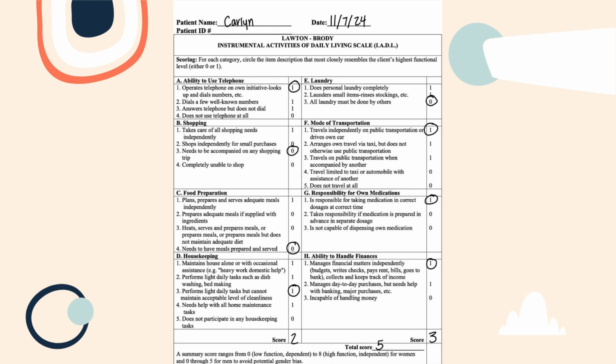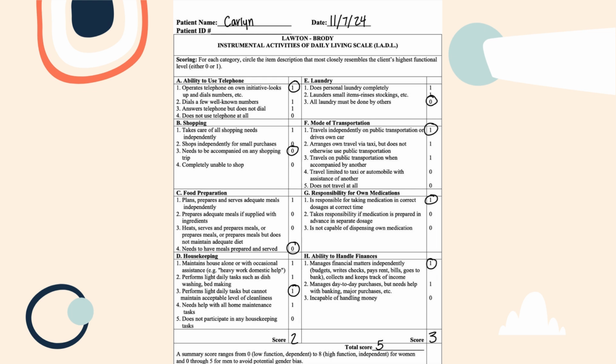Shopping, I did needs to be accompanied on any shopping trip for the time being as she recovers, due to her decreased ability to travel and walk around and needing help with a walker, and also her decreased endurance.